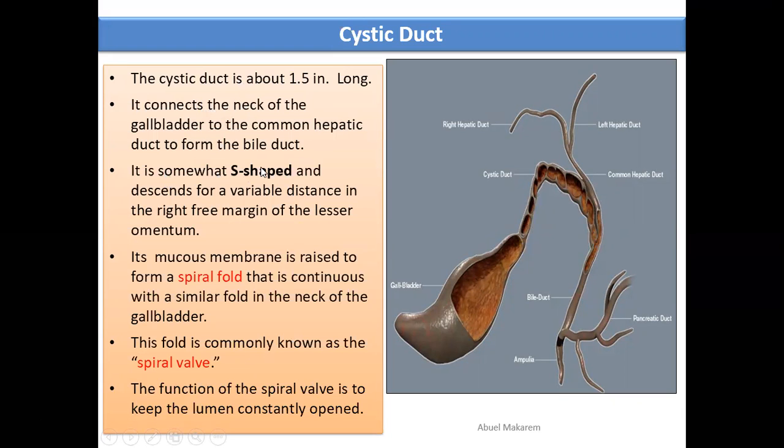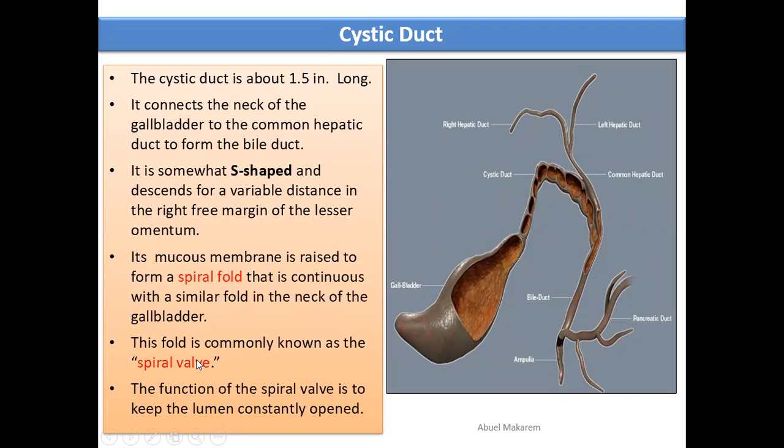If you look, it has an S shape and descends for a variable distance in the right margin of the lesser omentum. Its mucous membrane is raised to form spiral folds, which are continuous with similar folds in the neck of the gallbladder.